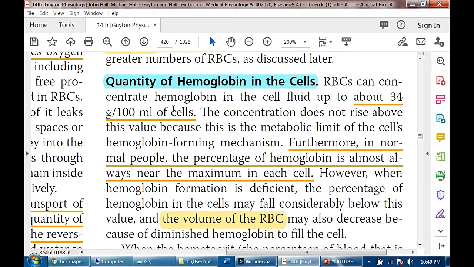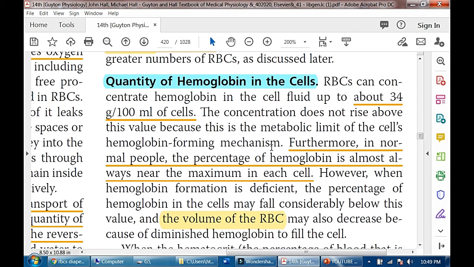Quantity of hemoglobin in the cells. This is the next heading. Red blood cells can concentrate the hemoglobin in the cell fluid up to 34 gram per 100 ml of the cells. What does it mean? For example, blood is a fluid, you all know, right? If we take 100 ml of the cells from the blood, we find that 34 gram hemoglobin is present in those cells.